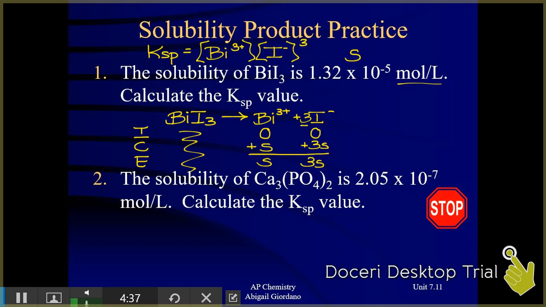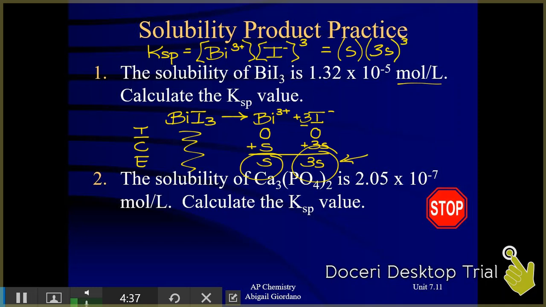Now, if I plug these values, well, they're not really values, into that Ksp expression, here's what it's going to look like. Bismuth's molarity is represented as S, and iodide, it's right here, is 3S, and it's raised to the third power.